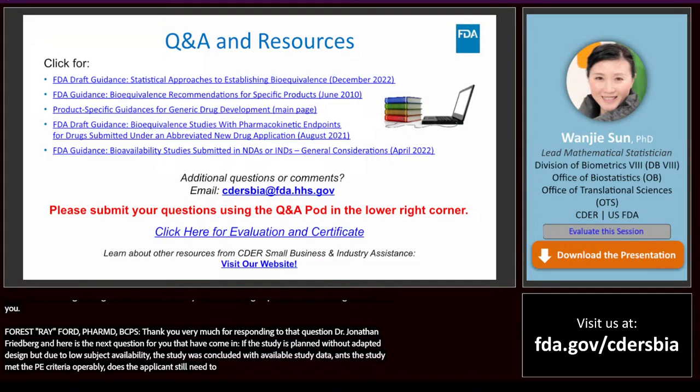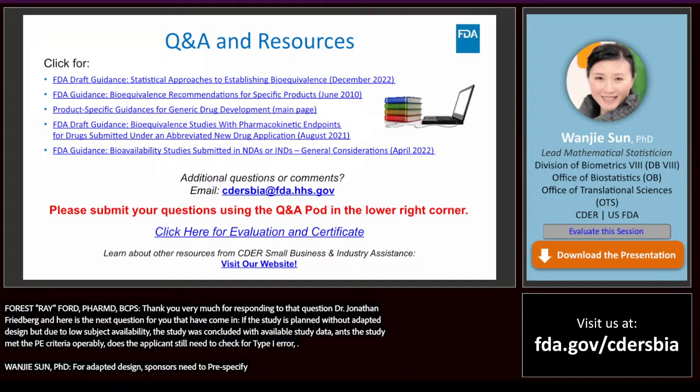That's a very good question. For adaptive design, the sponsors need to pre-specify an adaptive design if they plan to use one in the protocol or SAP prior to the conduct of the study.